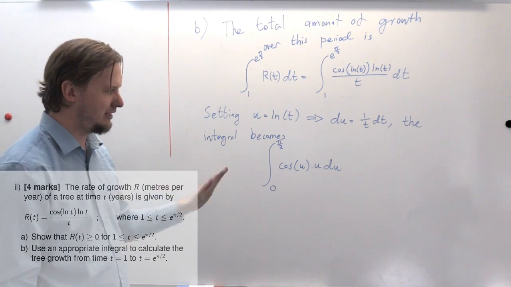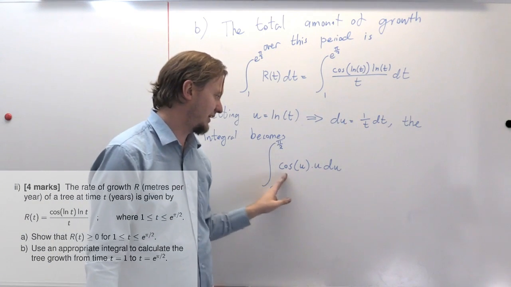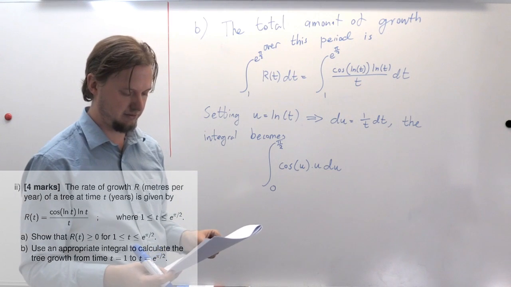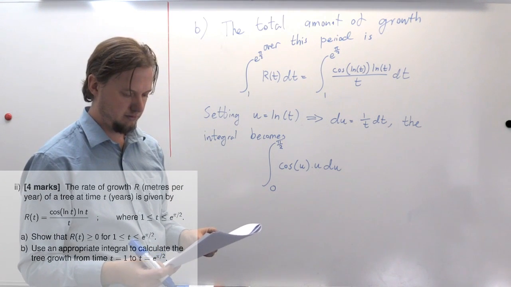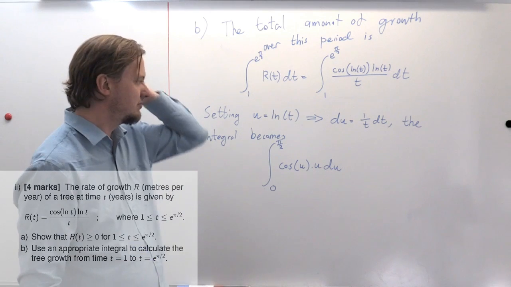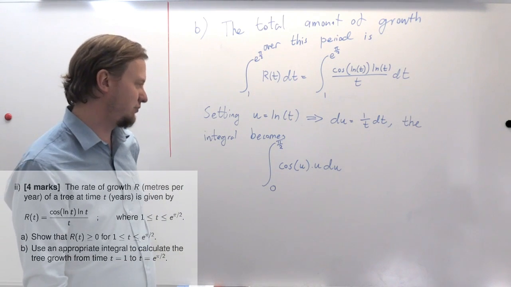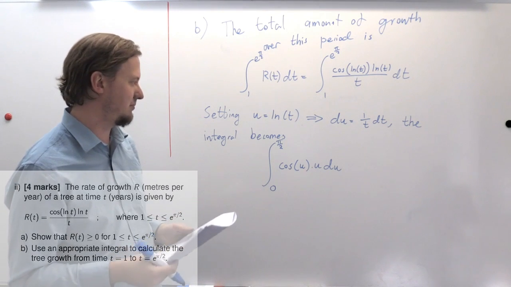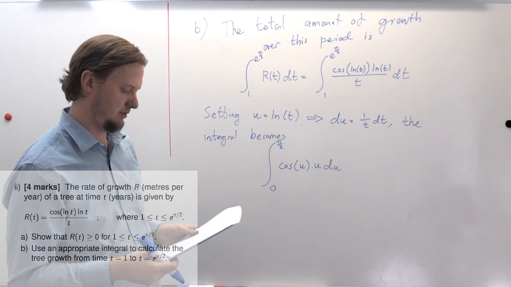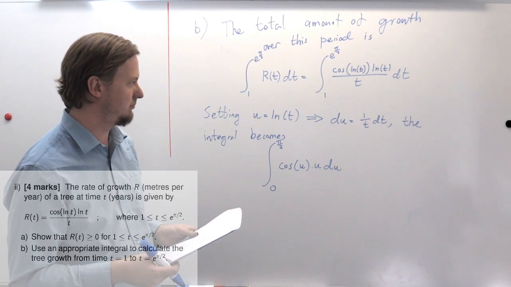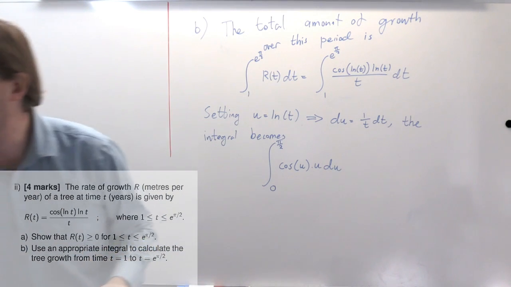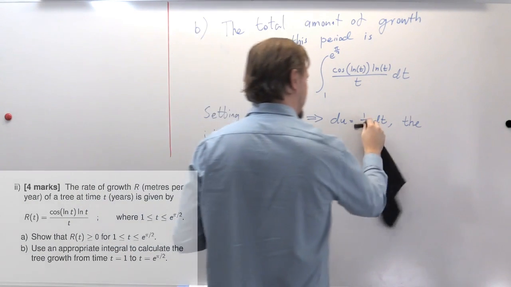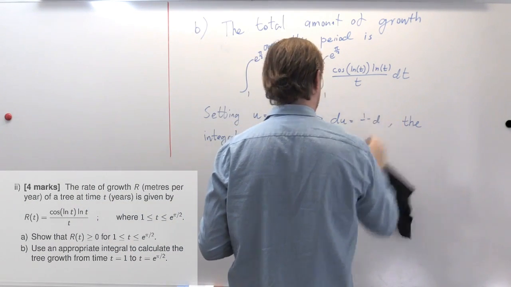Now this is much nicer because I can almost integrate this, but I need to use integration by parts. Maybe I shouldn't have used the notation u, because I usually use u and v for integration by parts. If I'd been thinking about what was coming up, a different substitution would be more natural.